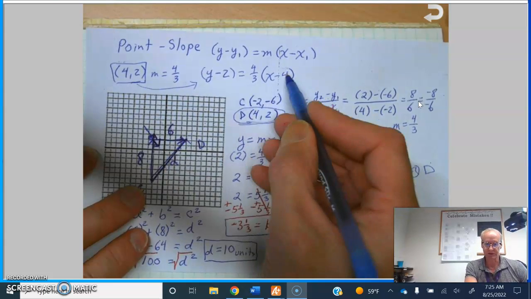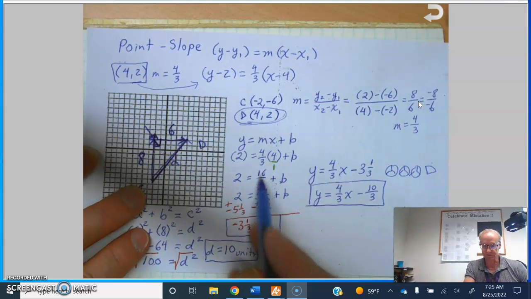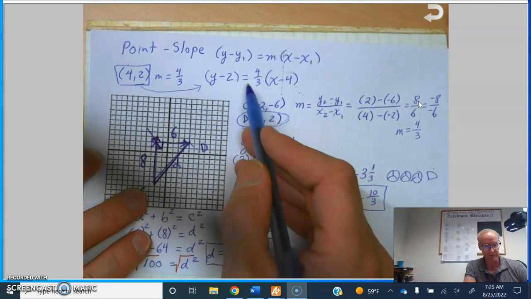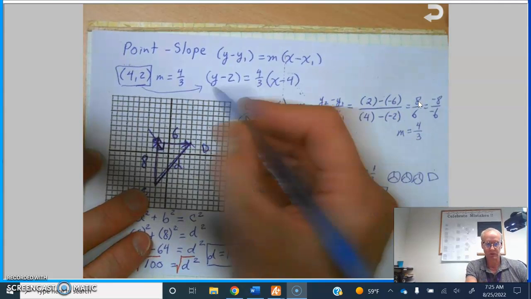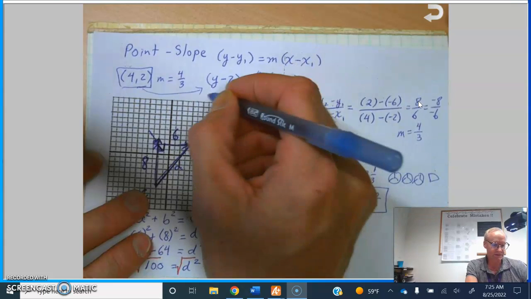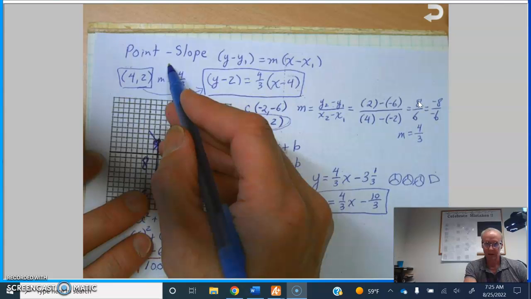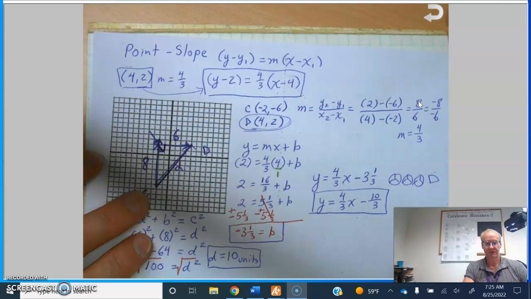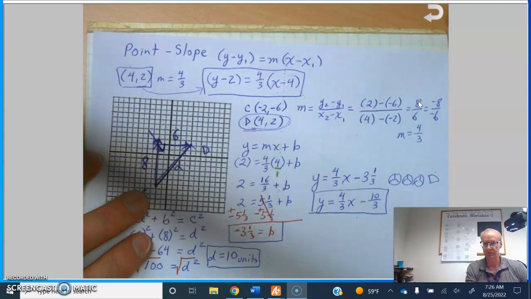It's going to get distributed to this 4 over here and give us the negative 16/3, and then we're going to add the 2 to both sides. It would work out anyway. This equation is in what we call point-slope form, and it is exactly identical to this one. It is so much easier to do it that way. So I always prefer point-slope, but both of these equations are equivalent.